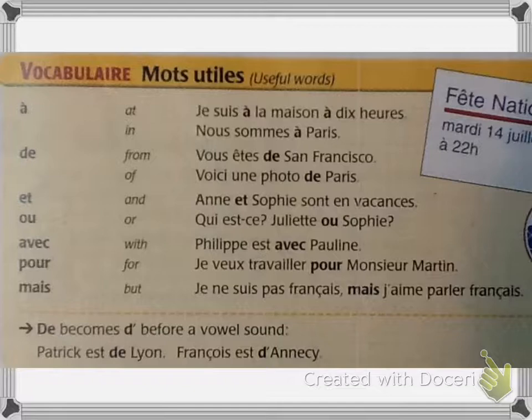Who is it? Juliet or Sophie? Philip is with Pauline. I want to work for Mr. Martin. I am not French, but I like to speak French. Patrick is from Lyon. François is from Annecy.